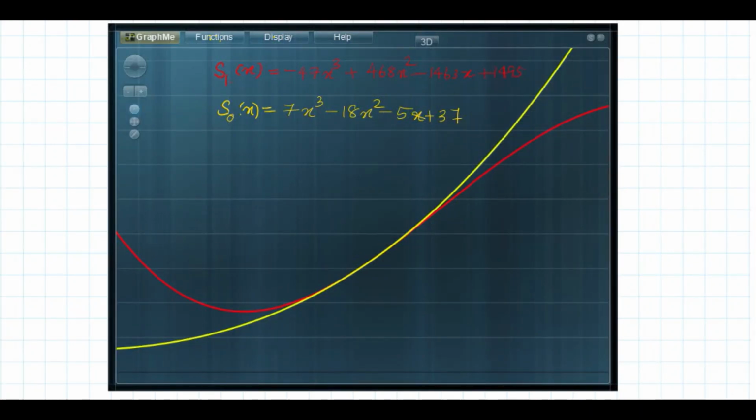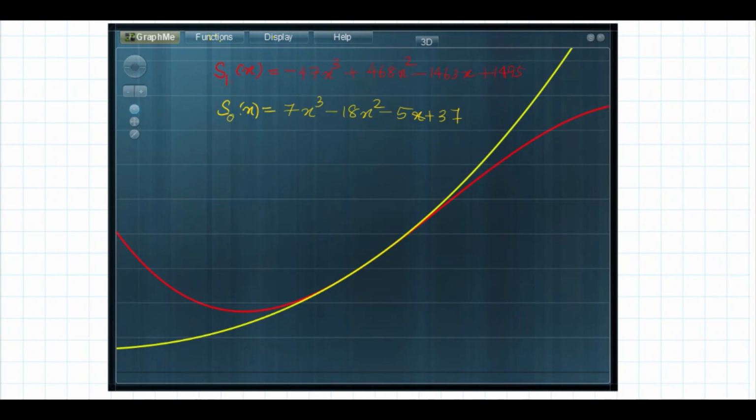So between 2 and 3 you have to take this yellow curve. Between 3 and 4 you have to take this red curve. That is the cubic spline idea. Between the pair of points (2, 11) and (3, 49) you have to consider this yellow curve, and between (3, 49) and (4, 123) you have this red curve.